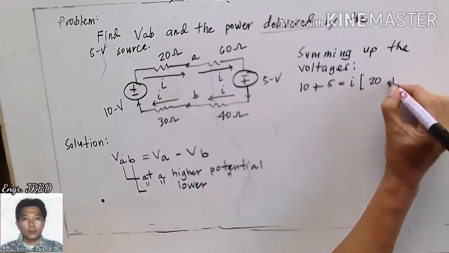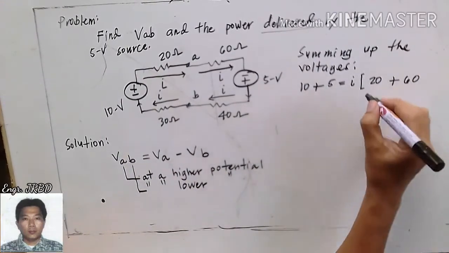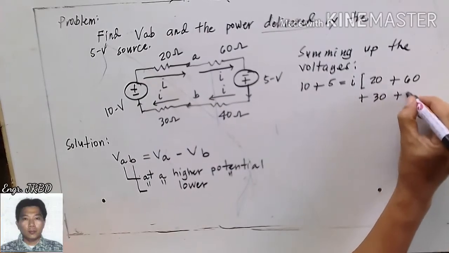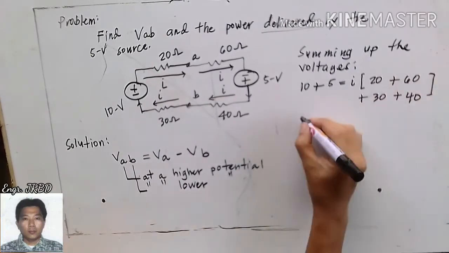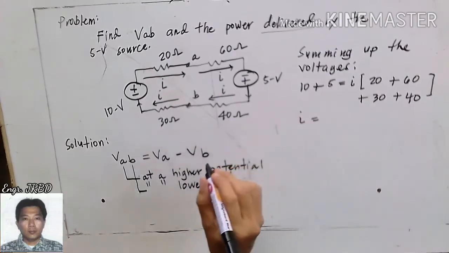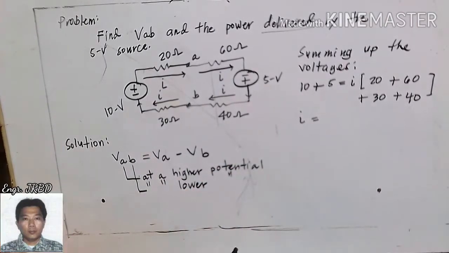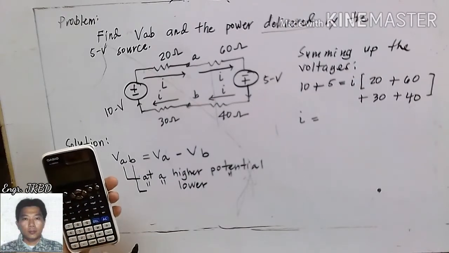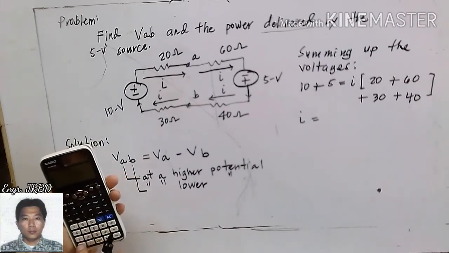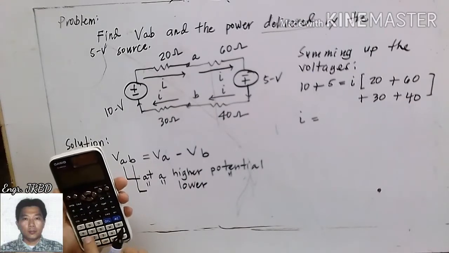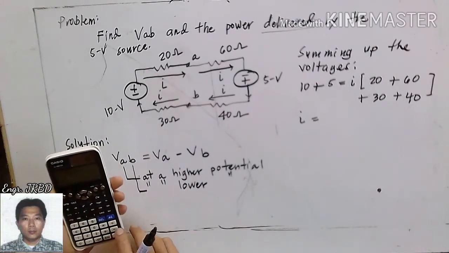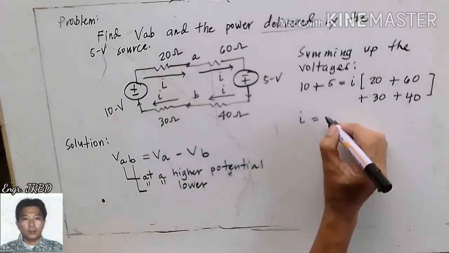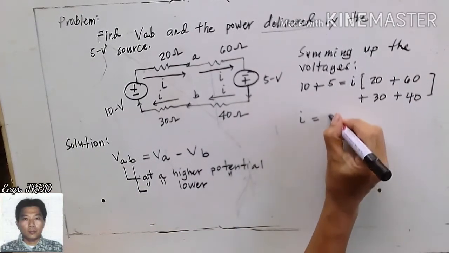So that is 20 plus 60 plus 30 plus 40. So we can have your I. The value of I is 0.1 ampere.